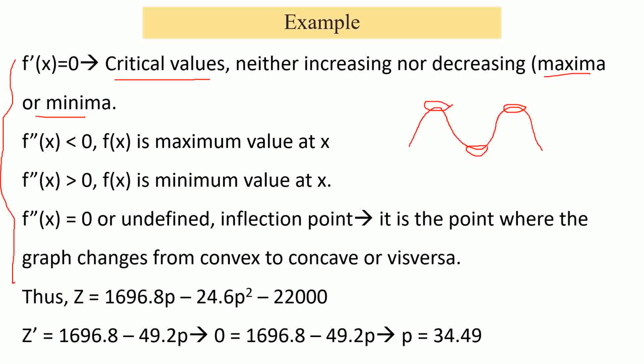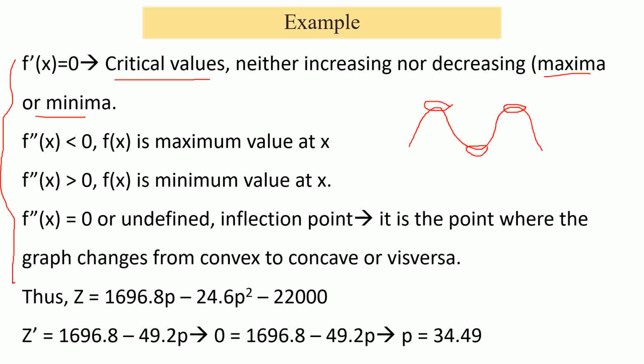And if we differentiate for the second time and substitute those critical values, if the second derivative is less than 0, then f of x is maximum at x. And if it is greater than 0, f of x is a minimum value.